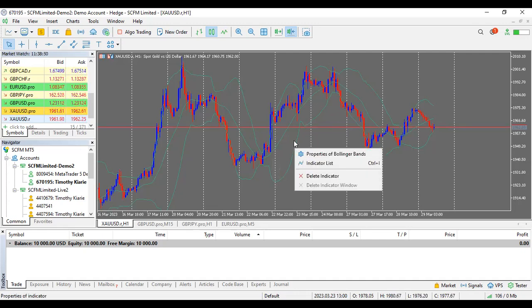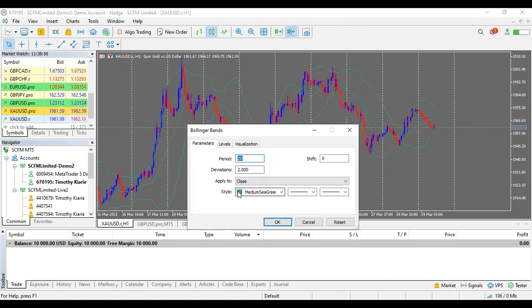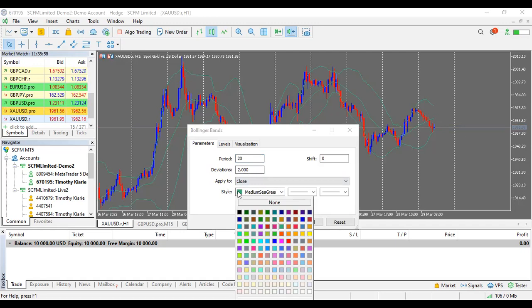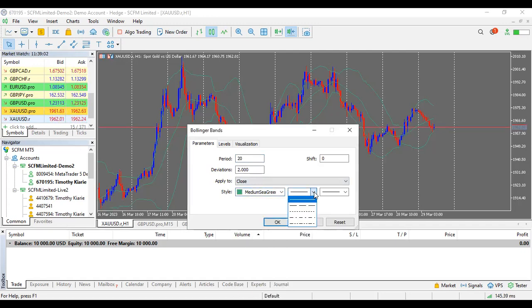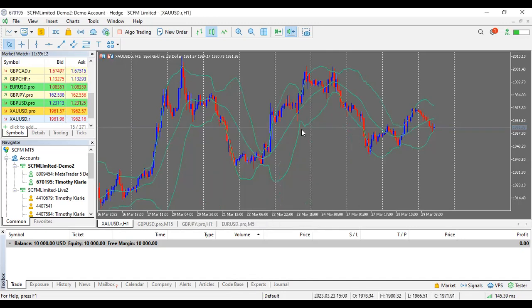You click on any band in the Bollinger Bands, then you choose Properties, and then under Style, you can choose any color you want. You can also increase the width of the bands so that you can see them clearly. Then you click OK. As you can see, I've increased the visibility of the bands.